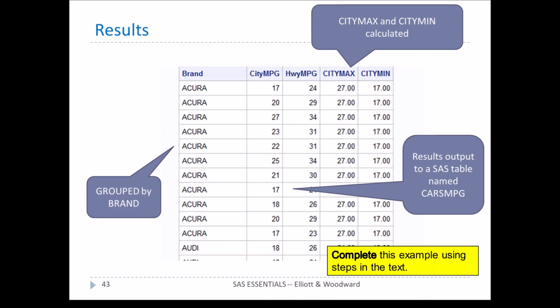And we have city miles per gallon, highway miles per gallon, and then notice here we have city max. So 27 miles per gallon was the maximum city miles per gallon for Acura. The minimum was 17, and then it switches over to Audi, and then we'll have a different city max and city min. And there are some more steps in this example that you can do in the text.